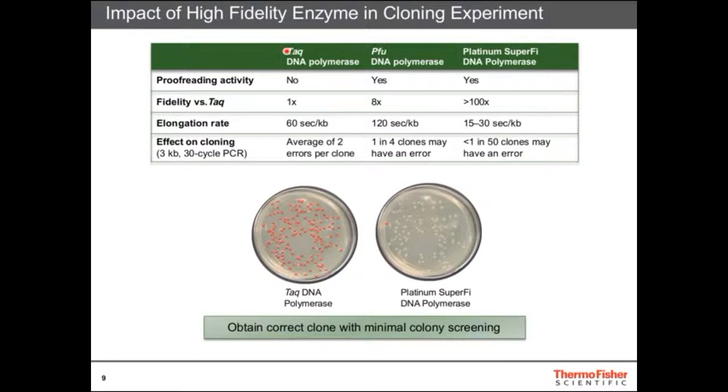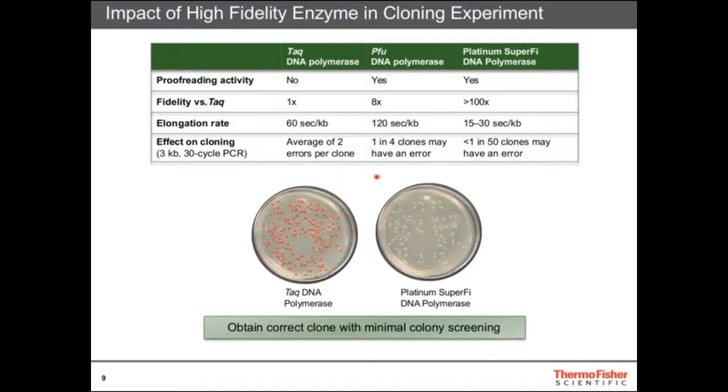As I stated earlier, Taq polymerase has no proofreading activity, so the elongation time is about 60 seconds per kilobase. And because it has no proofreading activity, if you were to amplify a piece of DNA and clone it, on average, about one out of every 2 colonies picked would have an error introduced into them.